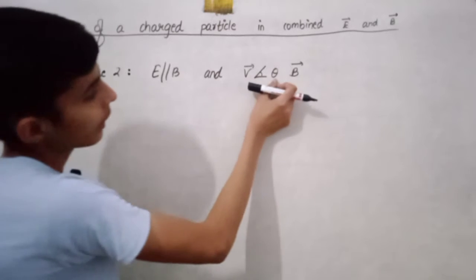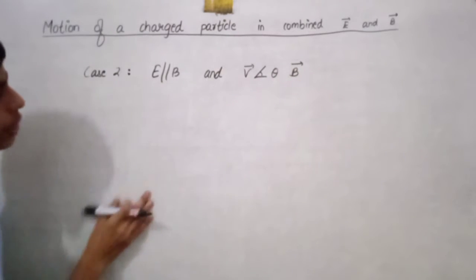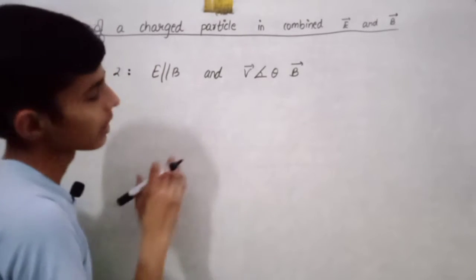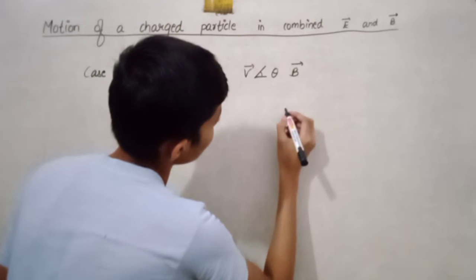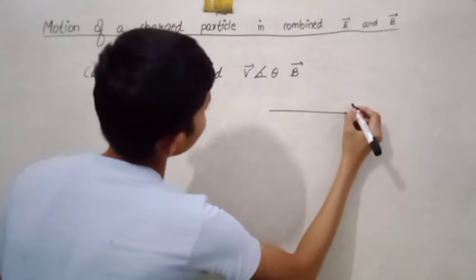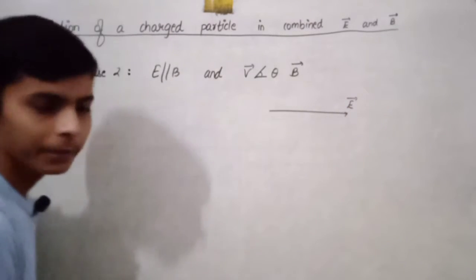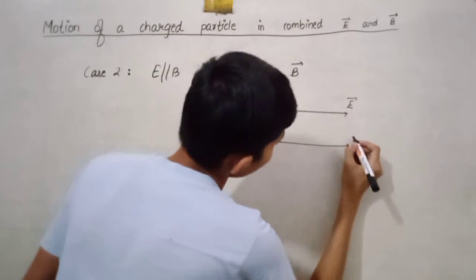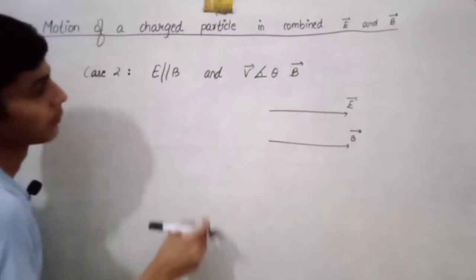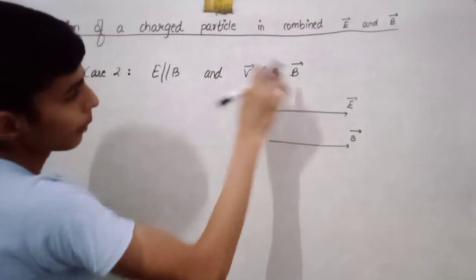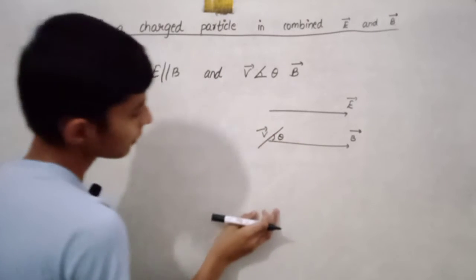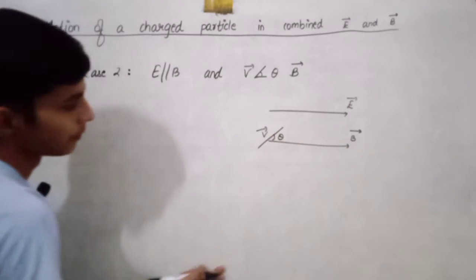When velocity is at a certain angle to magnetic field, then the charge follows circular motion. This we know from our previous lecture. This is our electric field and this is our magnetic field. Both are parallel to each other. Now the velocity is at a certain angle to the magnetic field. So this is a velocity vector which is at angle theta with the magnetic field.